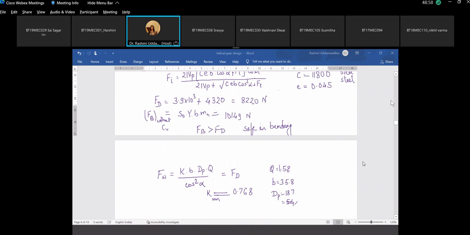So what is the final value of K? DP is 54 into MT. It's not into Mn, it is into MT. Okay, so we go with 0.58.